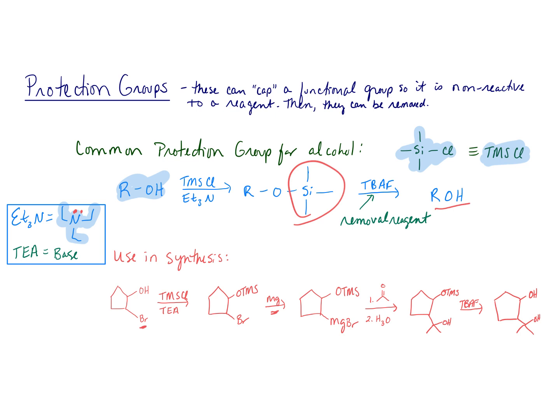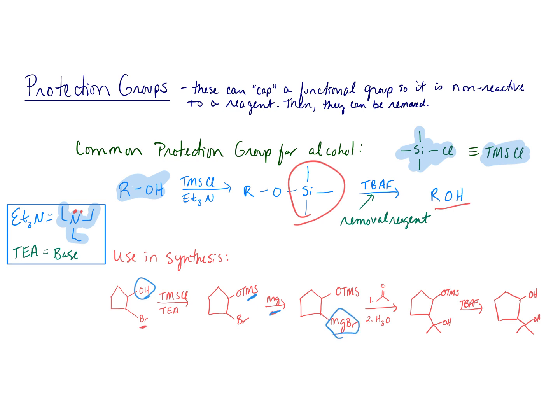So instead, we need to use this TMSCl and put a protection group on our alcohol functional group. So that alcohol functional group right here, we're going to put TMS on the end of that. And then, and only then, are we going to start to change that to MgBr.